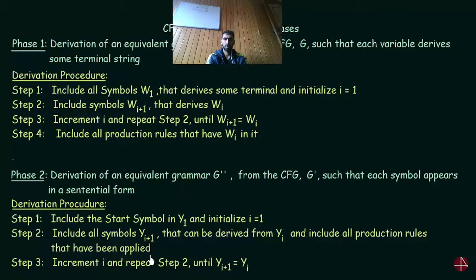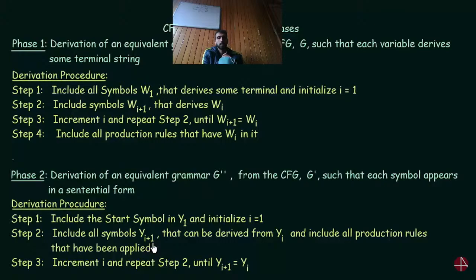Just like in phase 1, here in Y1 we have our start symbol, and in the next step we include all the symbols that can be derived from the symbols in the set of the previous step. So the previous step contains the start symbol, and in the next step you include all the symbols that can be derived from the start symbol.